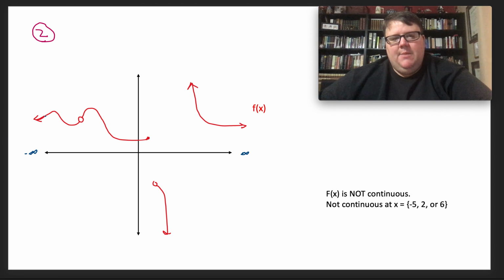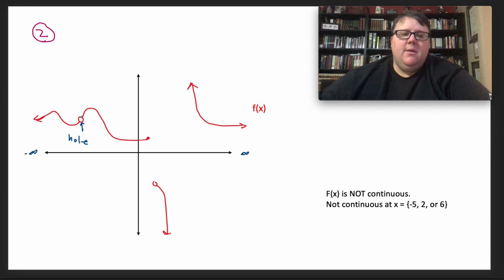But notice I can draw it, I don't have to pick up my pencil. But then I get to this thing right here, and I have to pick up my pencil. And what is that? Well, it's exactly what it looks like. We call that a hole.